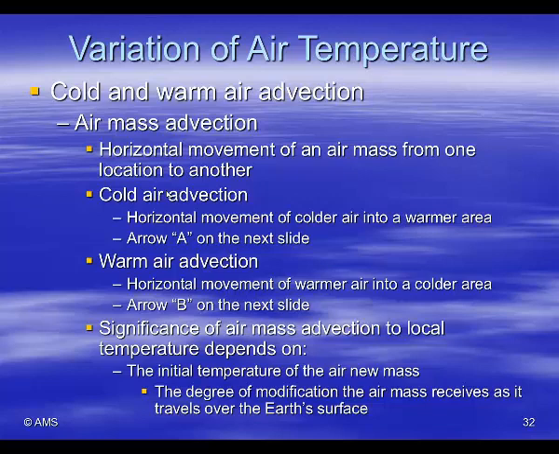Warm advection is where we have horizontal movement of warmer air to a colder region. So maybe from the southern United States to the northern United States. The significance of this air mass advection to local temperature depends on the initial temperature of the new air masses and the degree of modification the air mass receives as it travels over the Earth's surface.